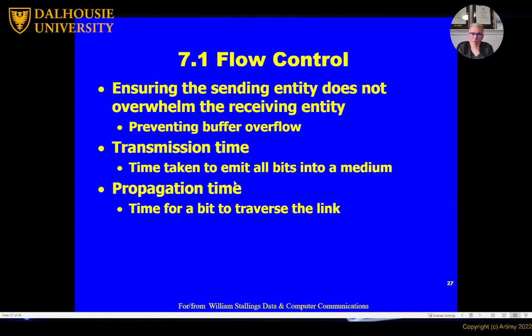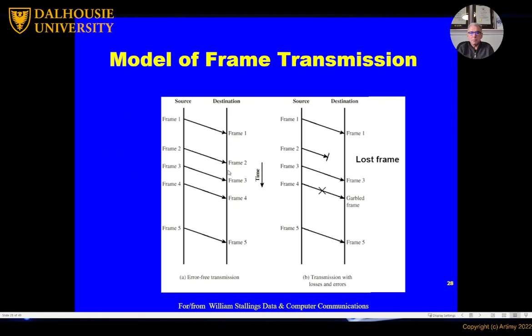Now, from now on, we need to understand a few things. We talked about them before. We talked about propagation time. This is a property of the medium. When you send something, it doesn't appear magically on the other side immediately.